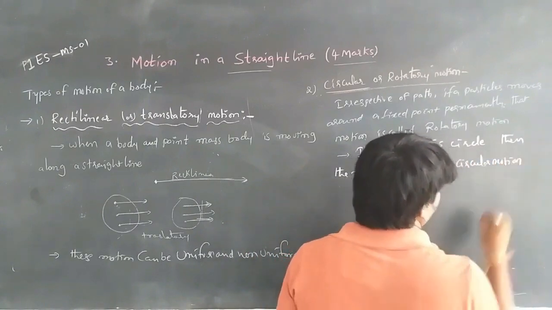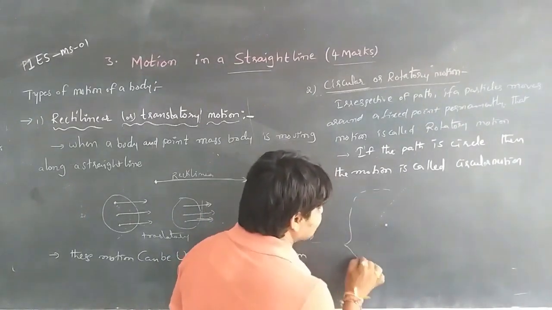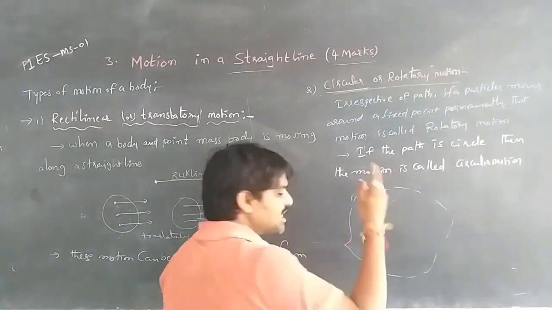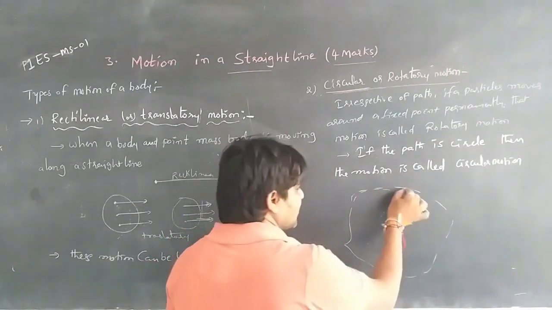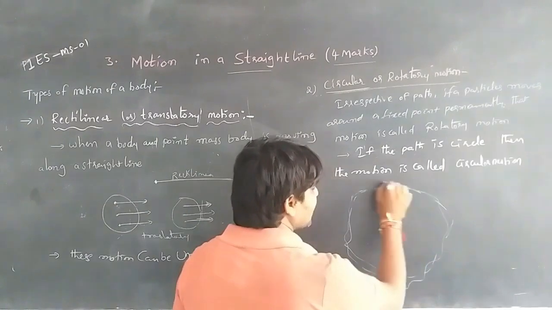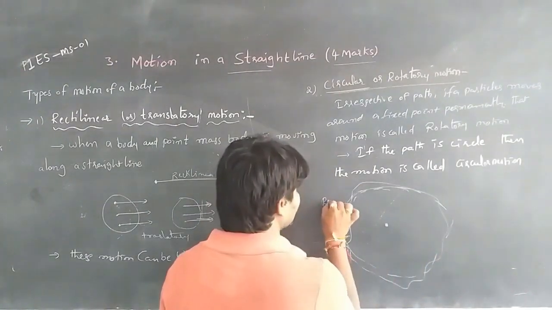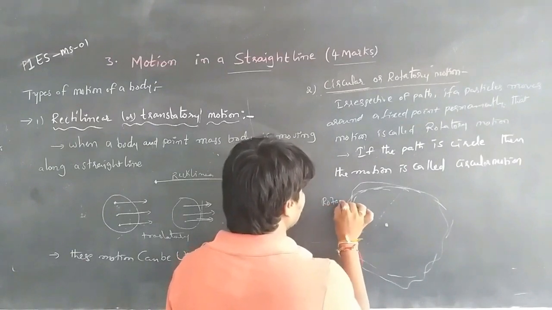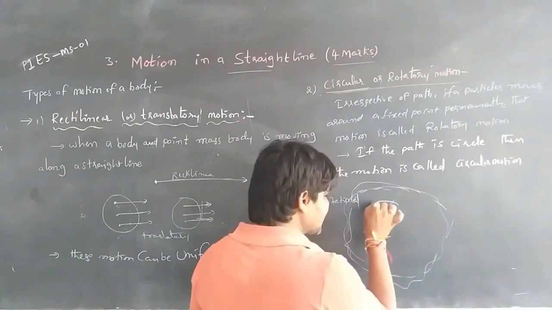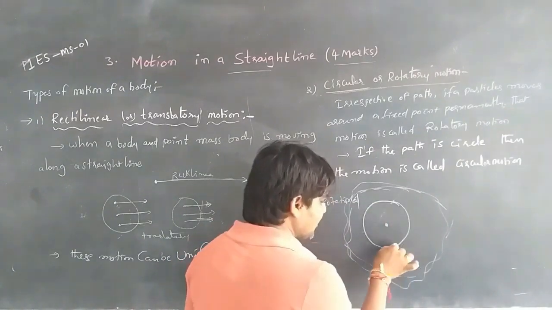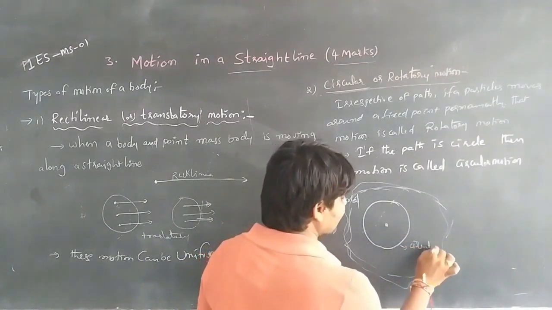Circular motion means the body is moving around a fixed point like this. Irrespective of path, if the body is permanently moving around a fixed point, that can be said to be rotational. If this path is circular, then that is called circular.